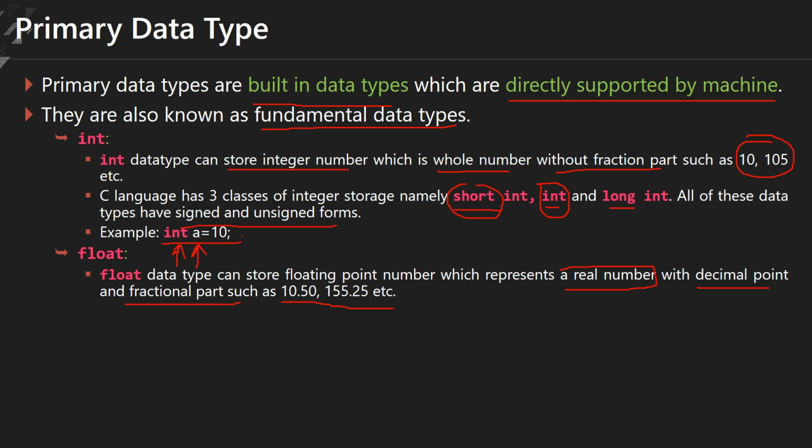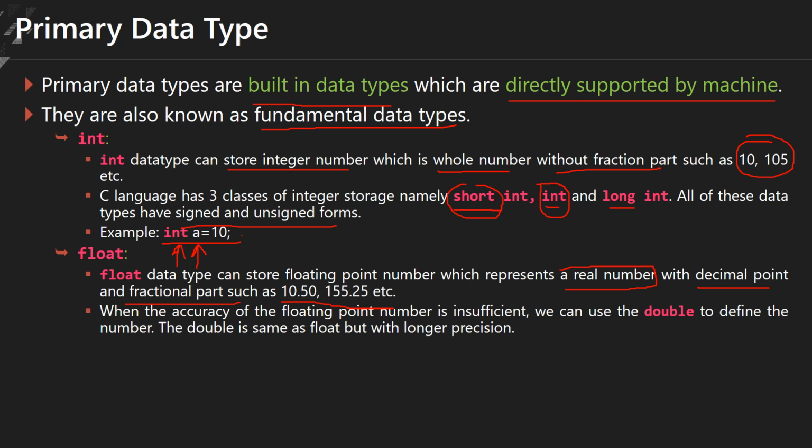Generally you can write it like this: 10.5, 0155 point and so on. When the accuracy of the floating point number is insufficient, that is, your accuracy is very low, you always have to use double to define the number. If you want to store a larger number with more precision, always go with double.